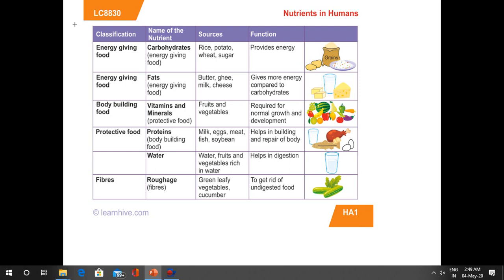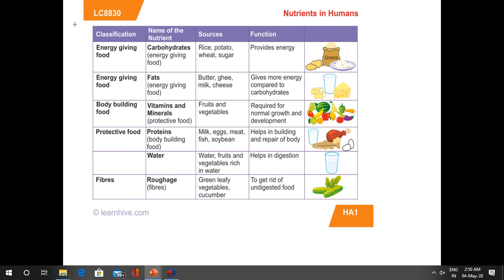repair of the body. In the last class we also discussed water, that it helps in digestion, and we have to drink nearly 8 glasses of water. We also decided how to calculate how many glasses of water we have to drink. I told you to check your body weight and divide it by 8, and that will give you the number of glasses you have to drink in a day.